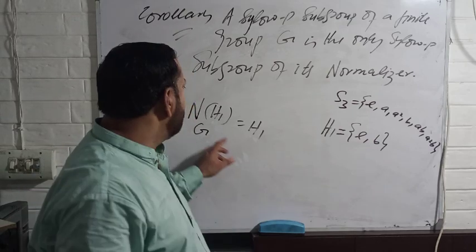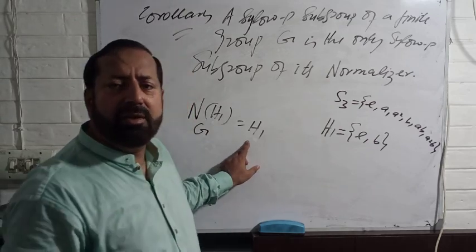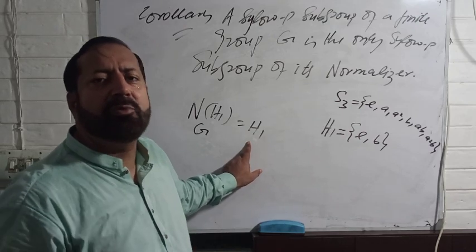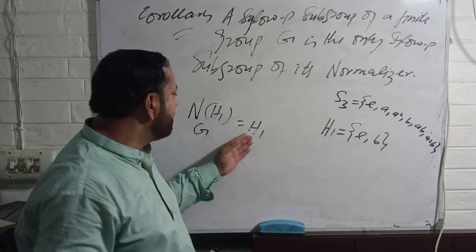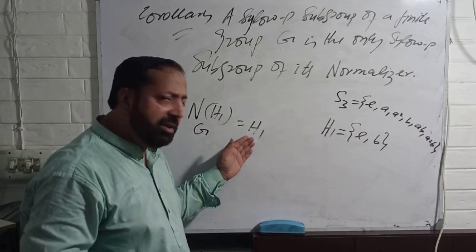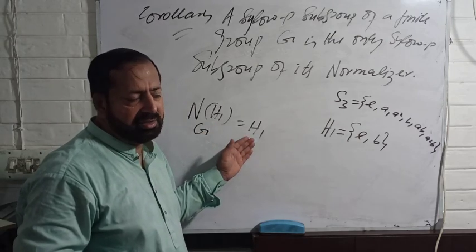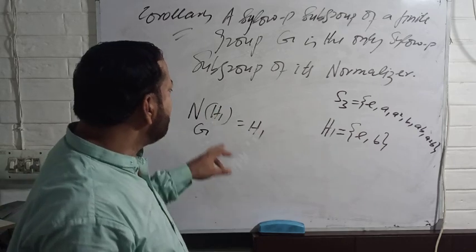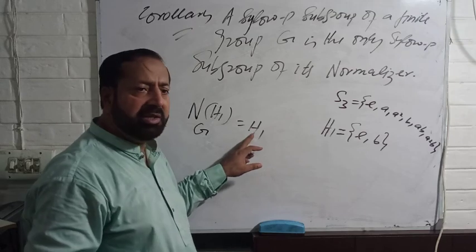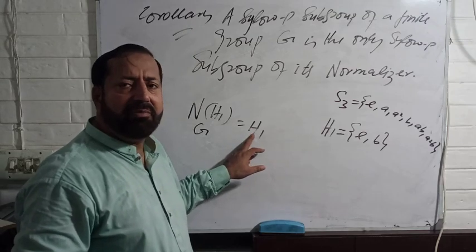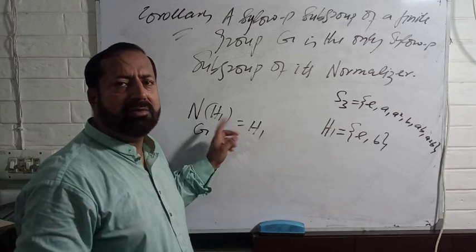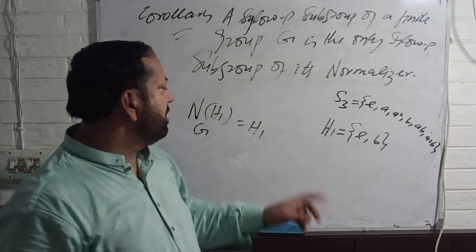So the normalizer can never be a subgroup of order 4 because 4 does not divide 6. So that's why there are two possibilities. Either it is H1 or it is S3. So it should be H1, right? And also this is not equal to E because in that case H1 would not be Sylow P in its normalizer. So that's why I conclude that this is H1.